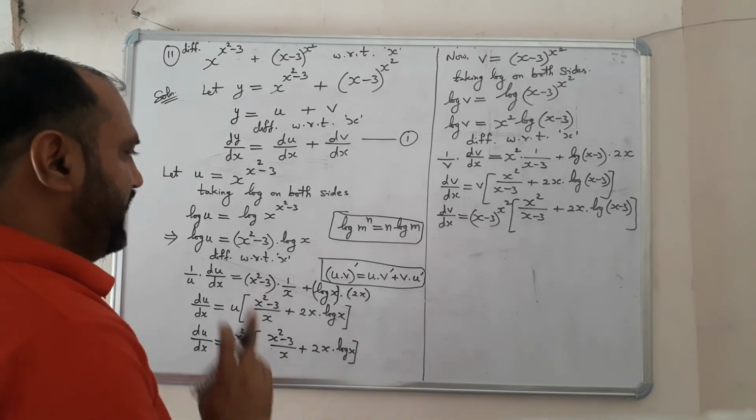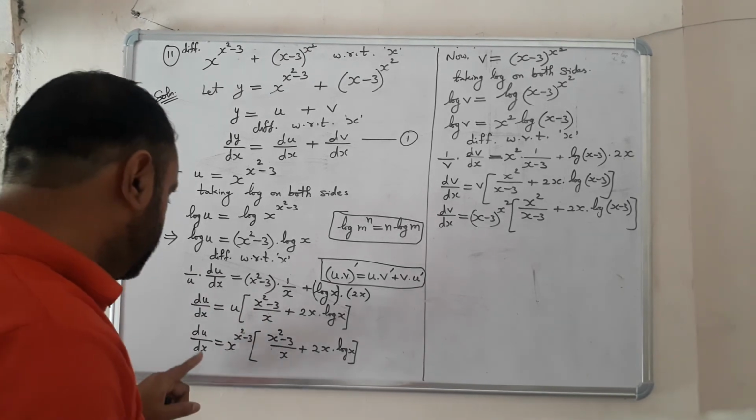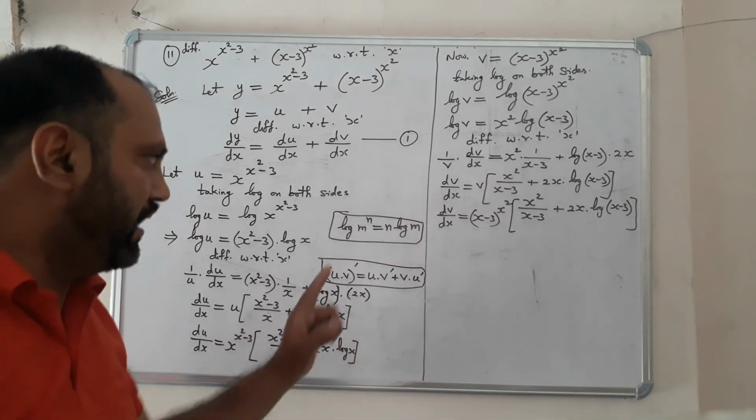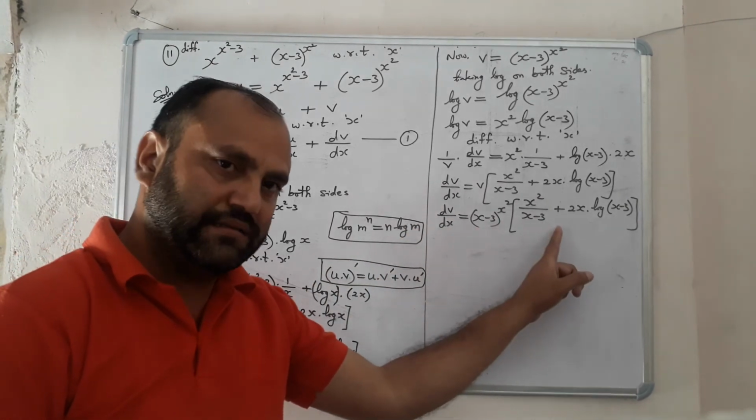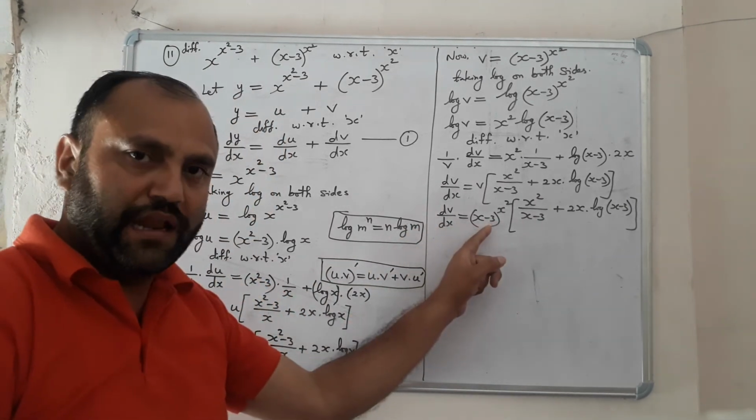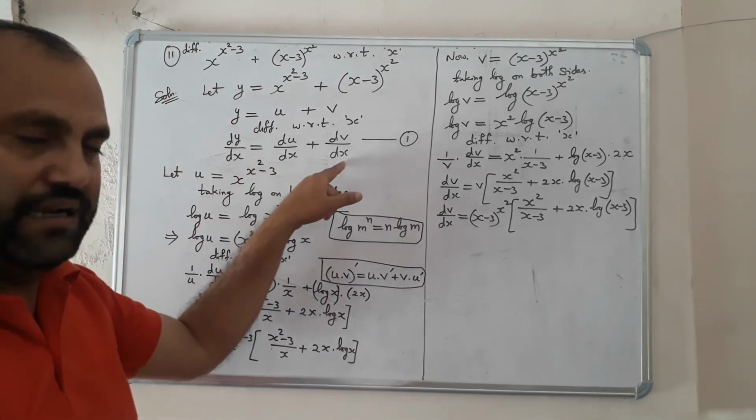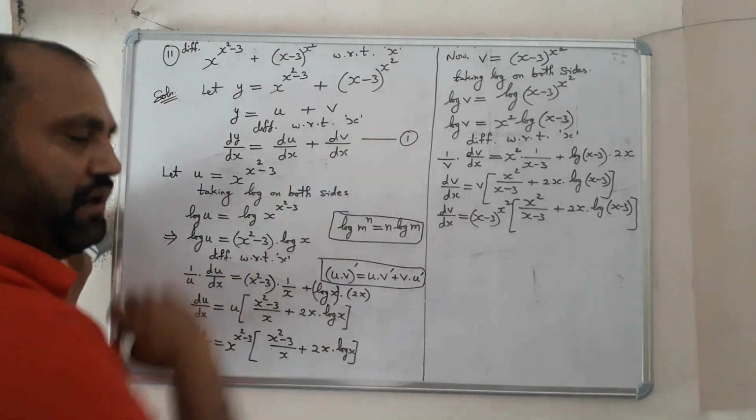Now we have two values. One is du upon dx and the other is dv over dx. Now put these two values of du by dx and dv by dx in equation number 1.